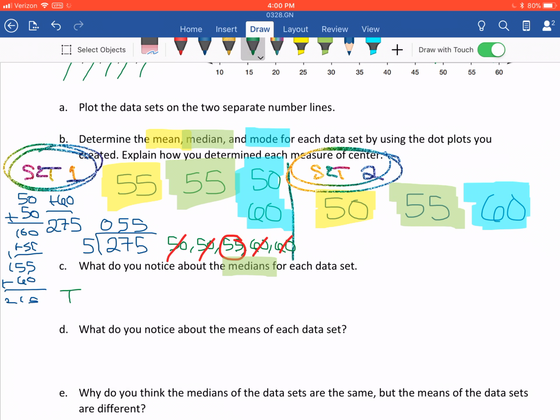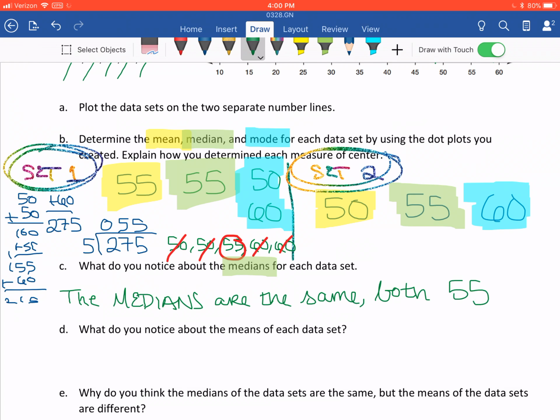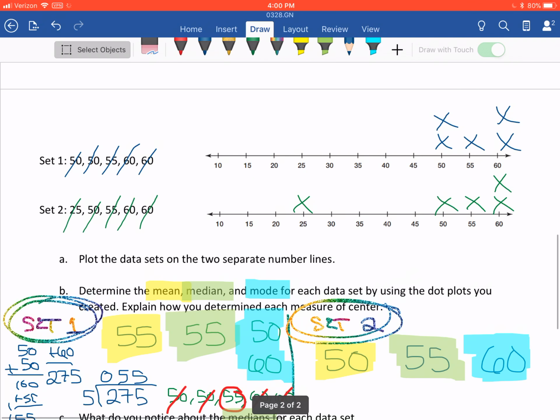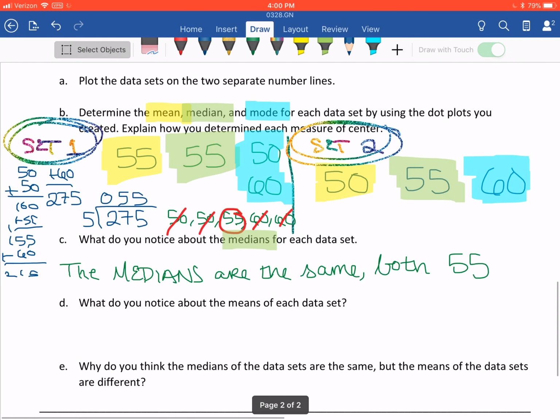They're both 55. So I'm going to say the medians are the same. They're both 55, which is interesting because our data sets are not the same. If we look at our graphs up here, those graphs are different. However, our median is the same.